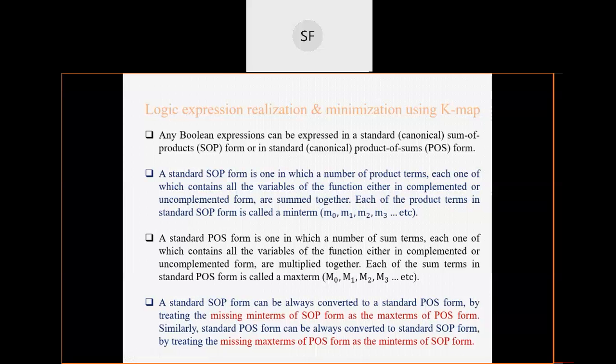A standard SOP form is one in which a number of product terms, each one of which contains all the variables of the function either in complemented or uncomplemented form, are summed together. We have seen that each product term in standard SOP form is called a min term, and it is denoted like this: m0, m1, m2, m3, etc.